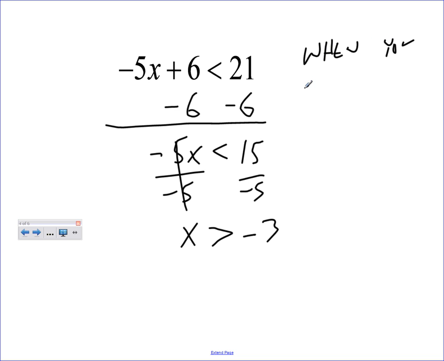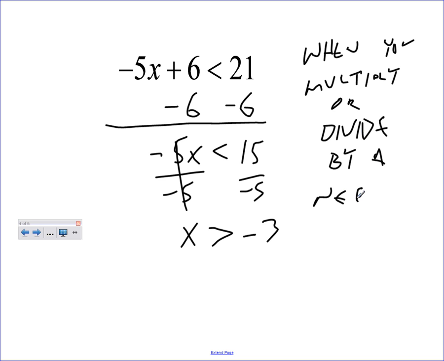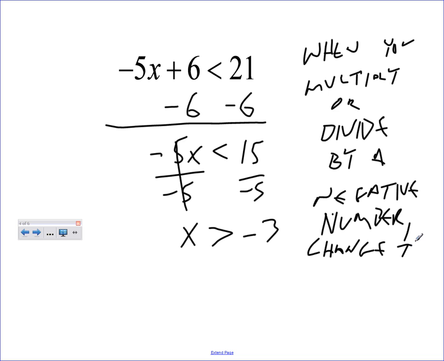When you multiply or divide by a negative number, change the direction of the inequality.